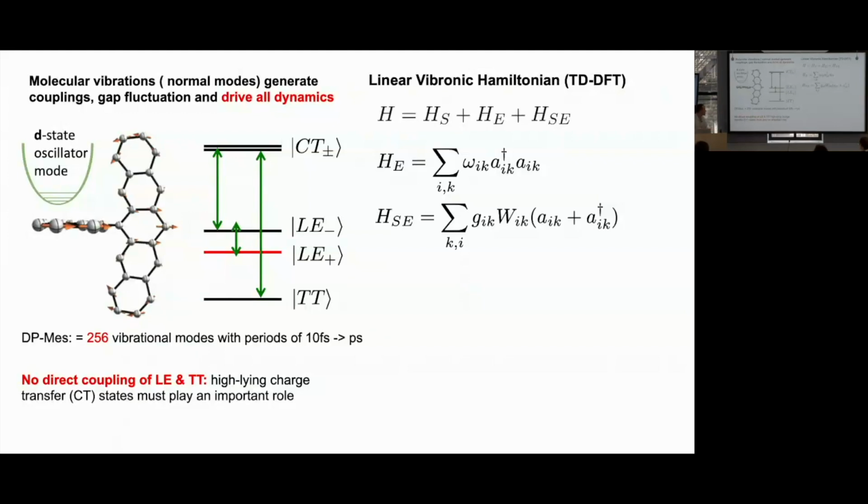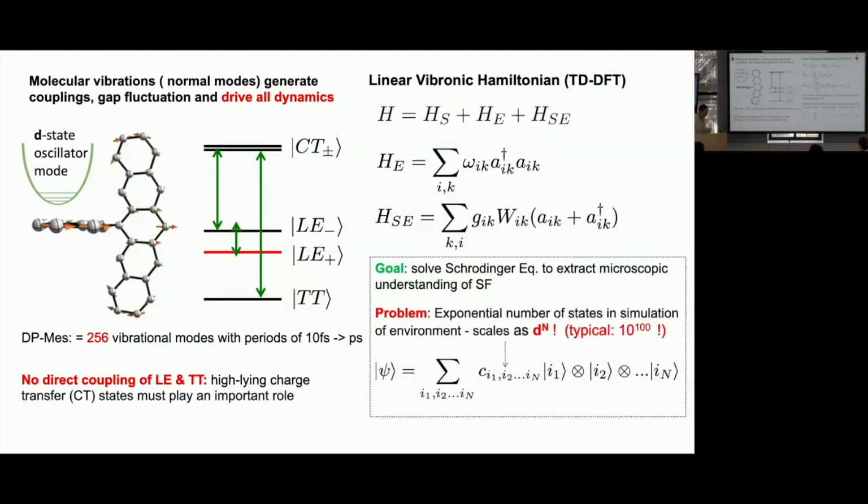And I'll just mention something quite common in many fission systems: even when the molecule is distorted, no direct coupling ever links the optically excited state with the triplet pairs. They don't talk to each other at all. It has to be via these CT states, which is why we have to include them in the description.